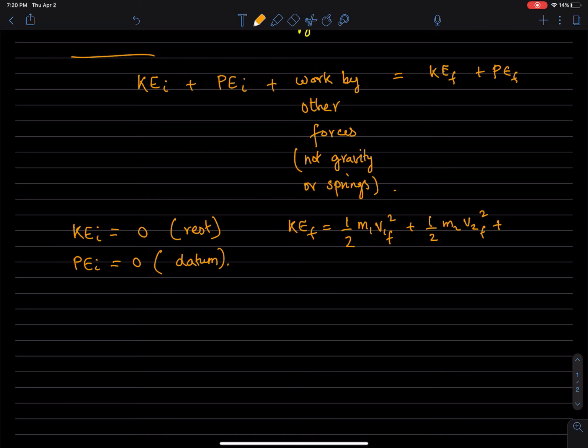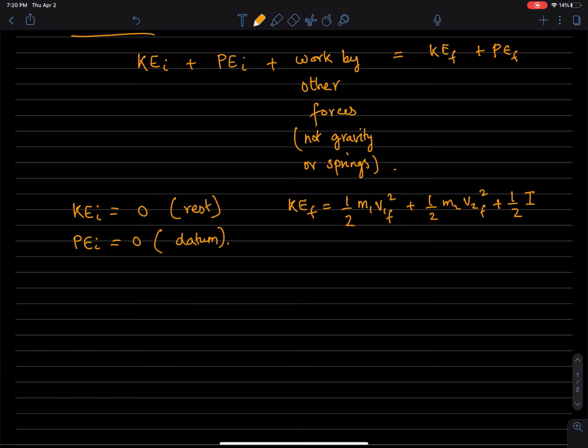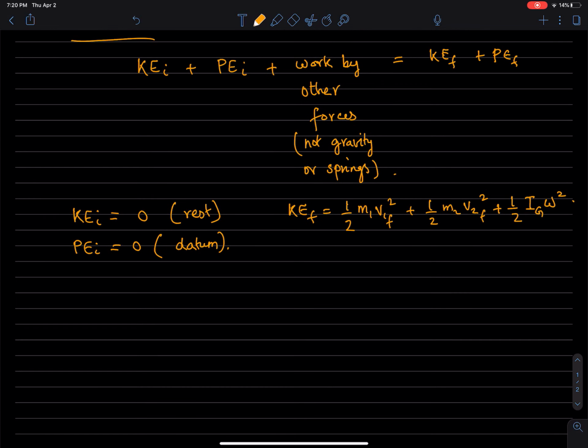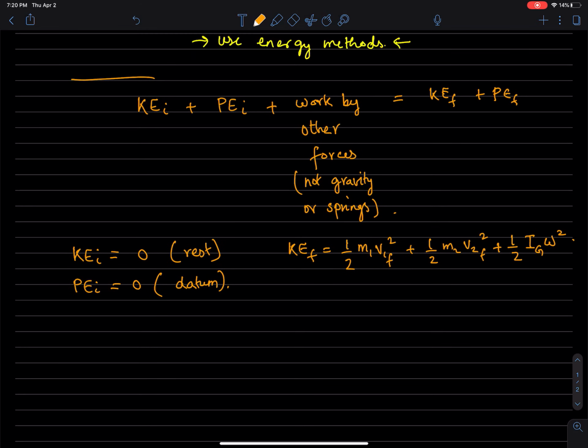The kinetic energy of the pulley is half Ig omega squared. Okay, that's the kinetic energy final. So let's call this equation 1, 2, 3, maybe call this 4.